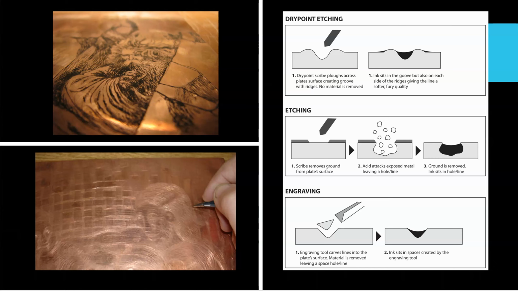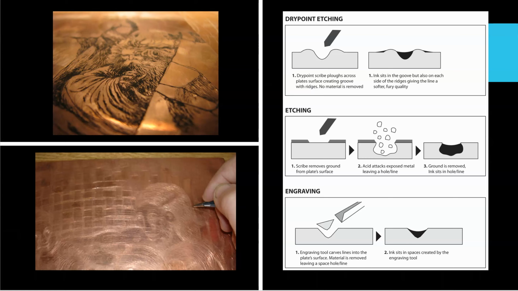Usually it's asphaltum, but it's going to be a coating of some sort that resists that acid touching the plate. So you're coating this plate, so therefore it's encased and nothing can harm it. And then you take that same sort of drypoint needle, or they make different varieties, and you will then scrape away or draw into that asphaltum layer, and it'll very gently just remove that surface, exposing the plate.